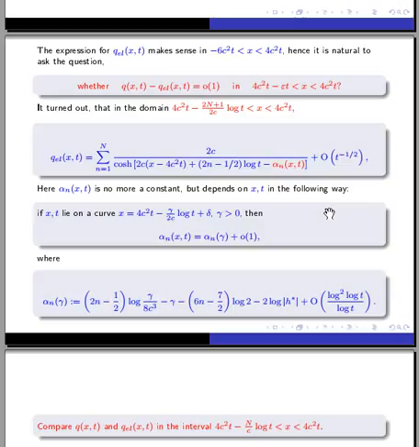The explicit expression for this function is quite cumbersome, so we will not write it down here. But what is important for us is that this function alpha n of xt is just a constant in the leading order if we consider our xt on the following logarithmic curve, which is parameterized by some coefficient gamma.